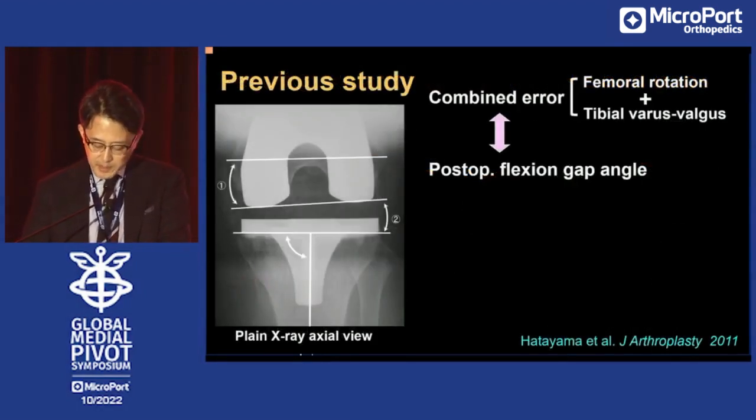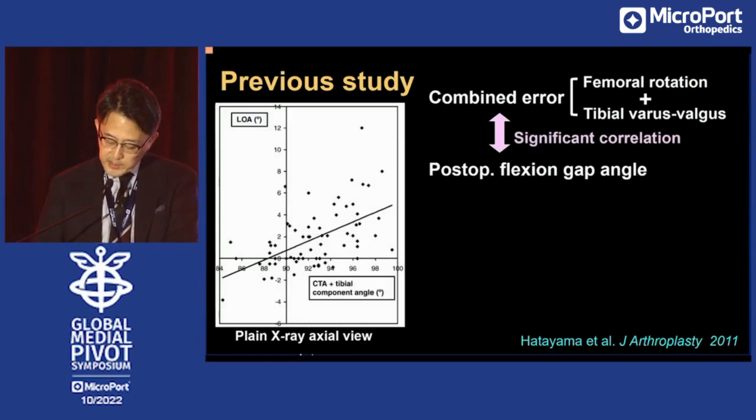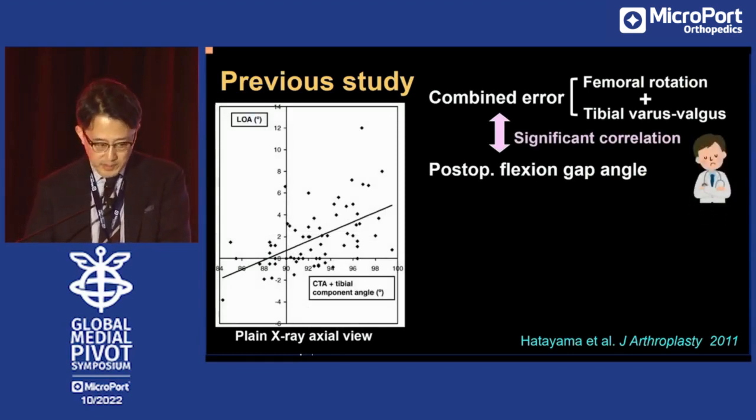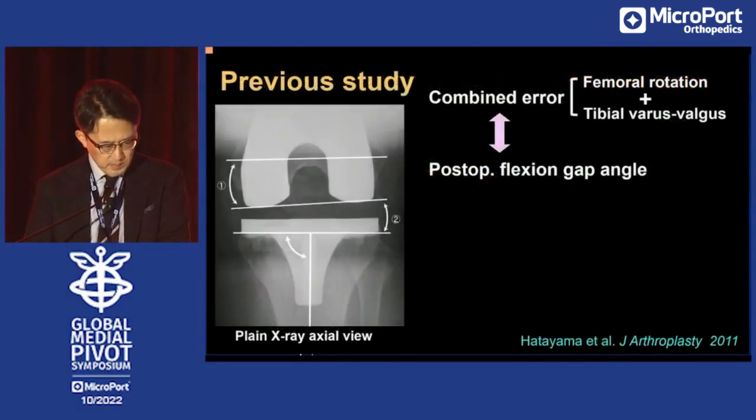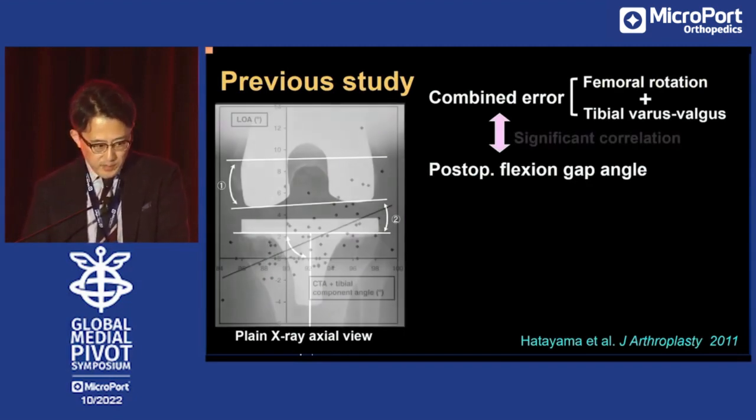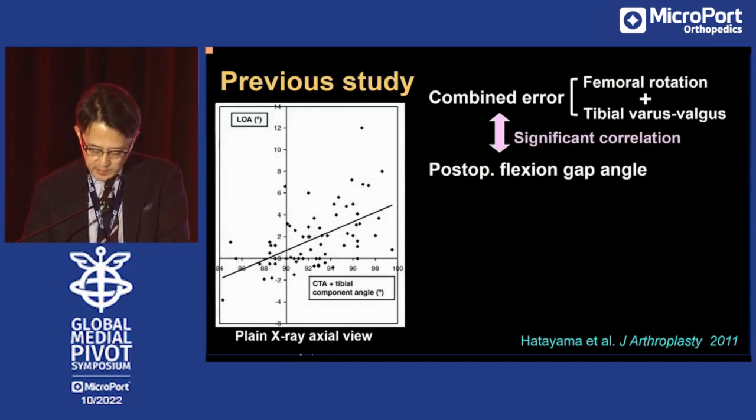One previous study investigated the relationship between the bone resection error and gap angle. They radiographically investigated the combined resection error, which is the sum of the femoral rotation and the tibial varus valgus angle, and postoperative flexion gap angle. They demonstrated a significant correlation, which disagrees with the result of our current study.